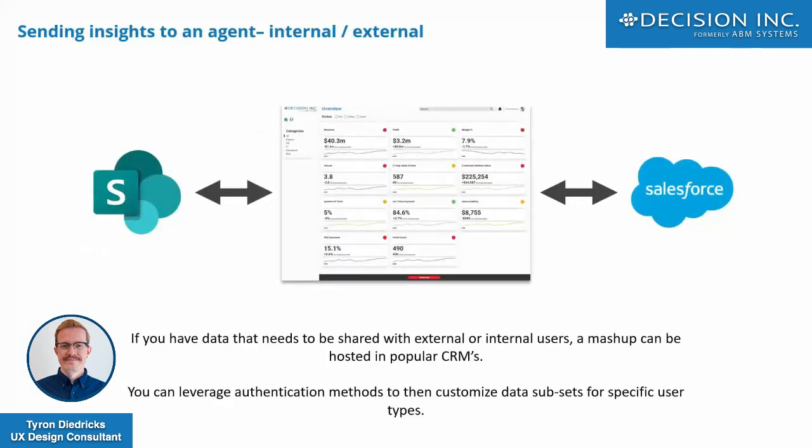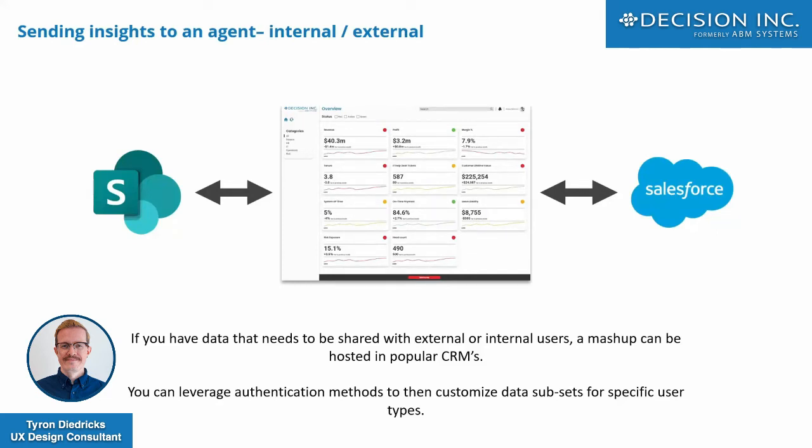Similarly, using the same idea of a mashup, we're also able to distribute this data to internal and external agents and employees. So using things like SharePoint for intranets or maybe Salesforce for a CRM, we're able to embed the Qlik analytics dashboards in an exciting, interesting way, and then utilizing the authentication methods from both Qlik and the platform, we're able to filter down that data so that it only shows the relevant information to those people.